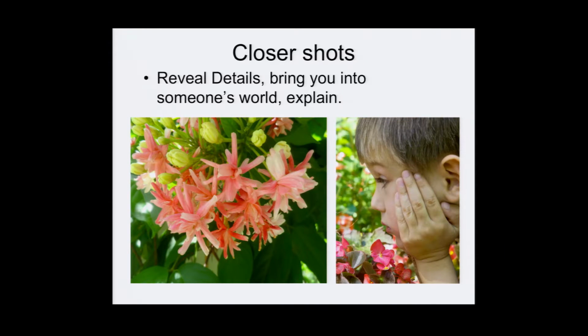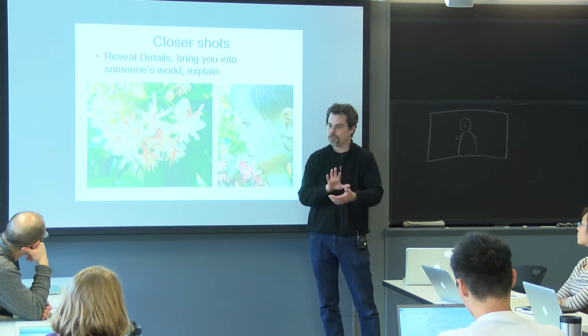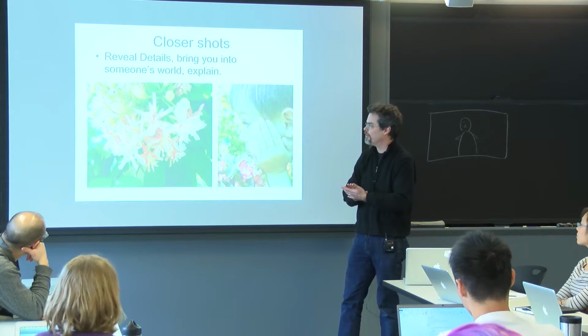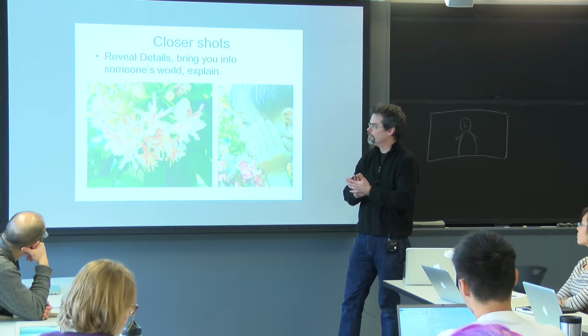Closer shots bring you into someone's world. They reveal details, closer shots of a face, closer shots of what the person is looking at. If you're explaining something, really good close shots that show, from a good angle, what you're trying to describe are very important.